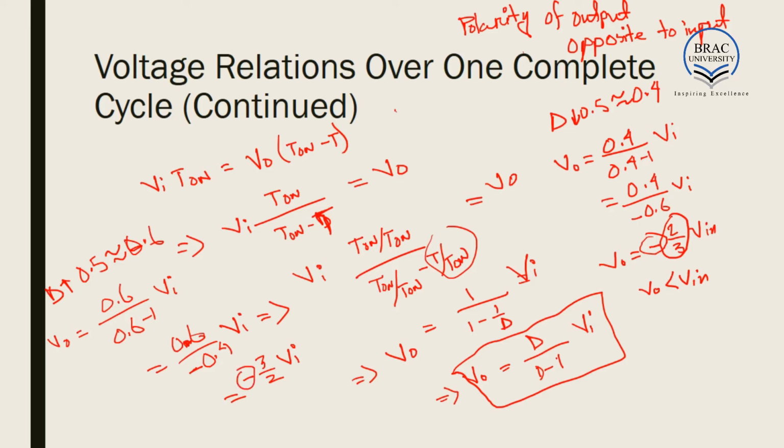Again, we note that we have that minus sign because this is the characteristic of buck boost converter, and again 3 by 2 is equal to 1.5, greater than 1. As a result, V output will be greater than V input.